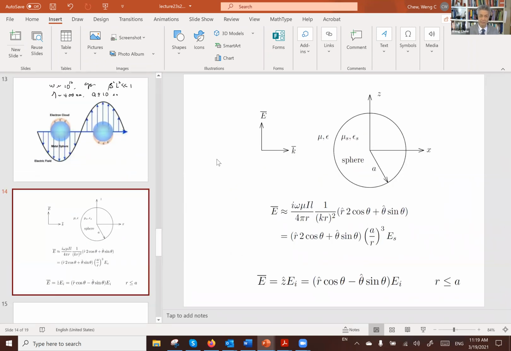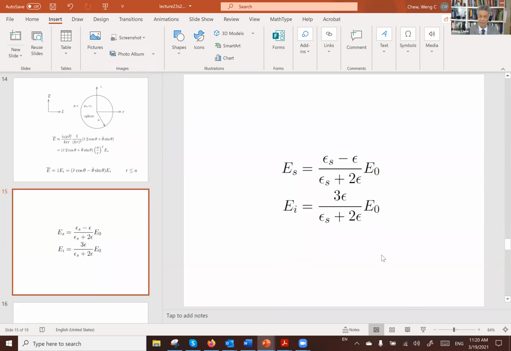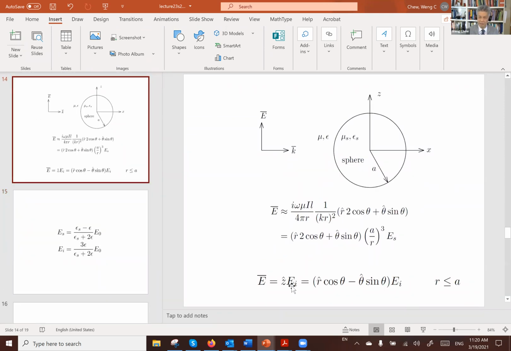And hence, if you have a light wave impinging on the nanoparticle, and if this nanoparticle is very small compared to the wavelength, you can go back to the beginning of your course and analyze this problem using electrostatics. And that you have already done in your homework. You find that the electric field outside is given by this, inside is given by this thing.